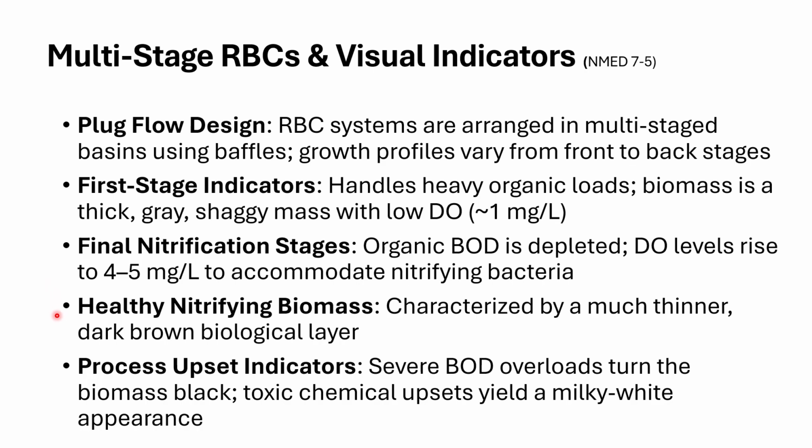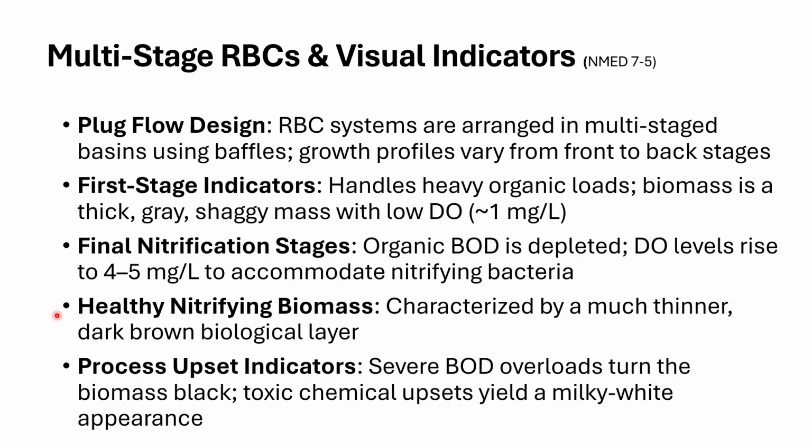And compared to the gray shaggy biomass of the first stage, the nitrifying biomass, which is in like stage 4 of the RBCs, is a thinner dark brown layer.